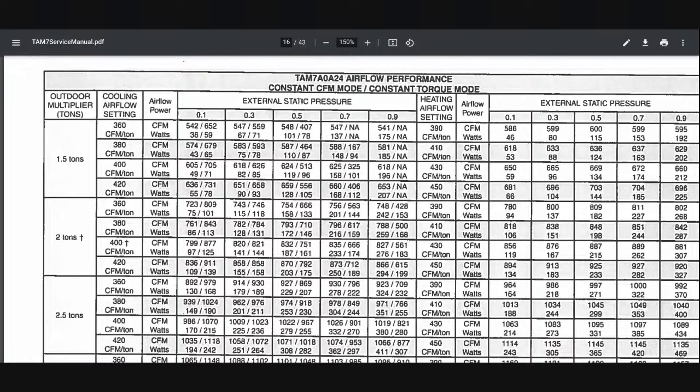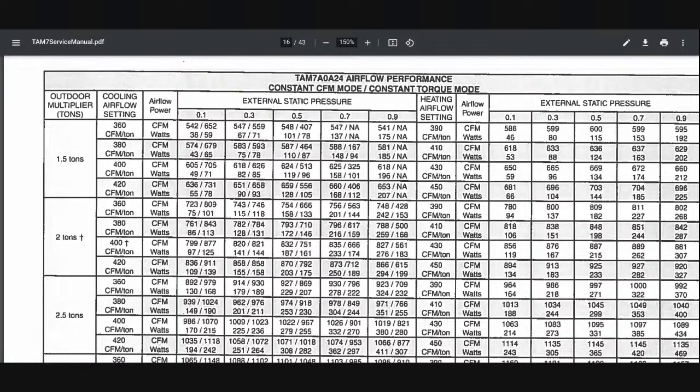Essentially, you see there's not a whole lot of difference between them. Let's say we're going to move 400 CFM per ton. So for the cooling airflow setting, we've got the unit set. We want 400 a ton. That's the third option down in the 2-ton options.